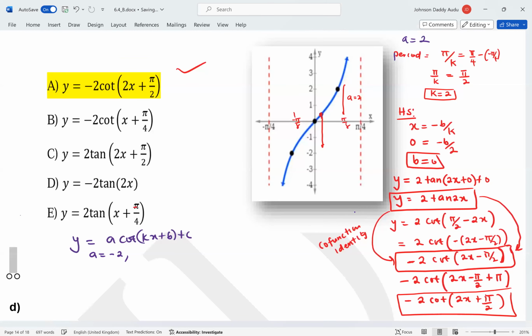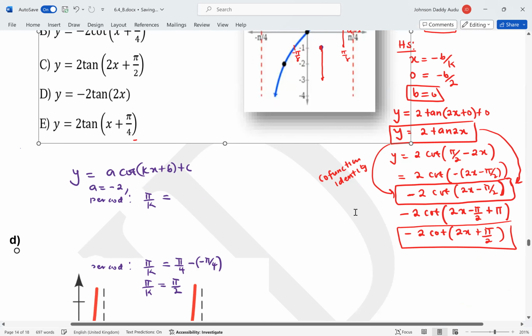And the period is still the same, nothing changed. Pi over k will still be the same as pi over 4 minus minus pi over 4, and you'll have pi over k equals pi over 2, right?